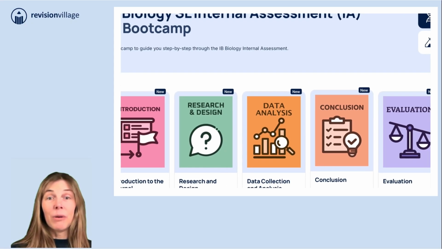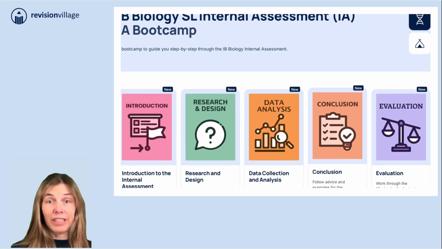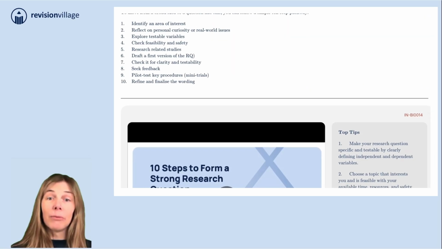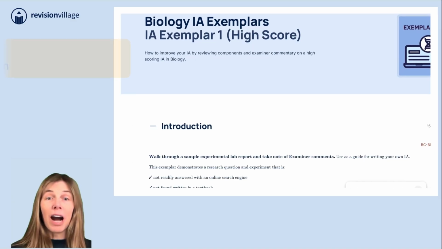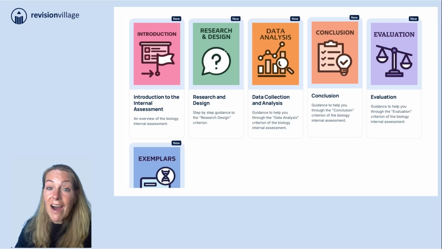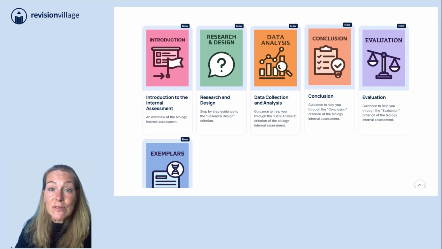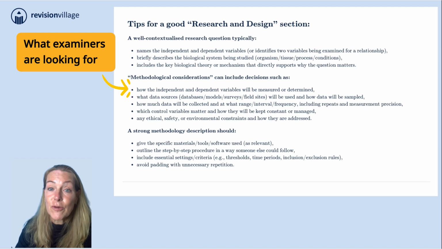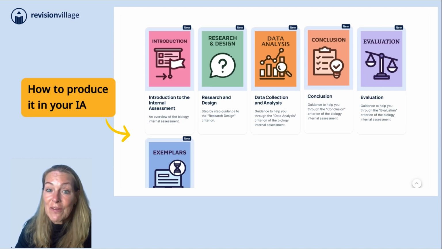In this video, we'll walk you through the Revision Village IB Biology Internal Assessment Bootcamp and how it helps you go from a rough idea to a high-scoring scientific investigation. These biology IA resources are built to do 2 things at once. First, teach you what examiners are looking for, and second, show you exactly how to produce it in your own IA, step by step.